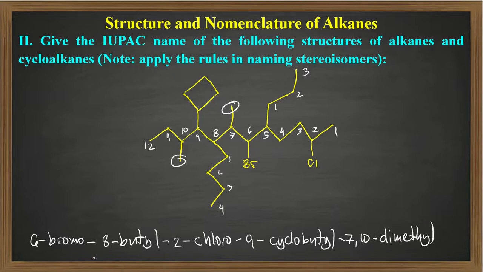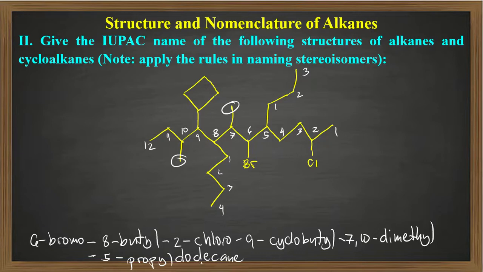And then we have 5-propyl. 5-propyl. And then the longest chain of carbon atoms contains 12 carbon atoms. So 11 is undecane, 12 will be dodecane. So this will be dodecane. So that is the name for this compound.